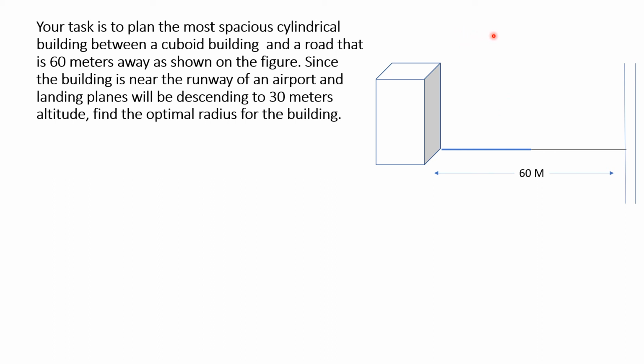That is the line for the landing plane. So the building cannot be 30 meters. It should be less than 30 meters to keep a buffer of safety. So we have to find the optimal radius for the building. To design such a building, first of all, we have to put a triangle. And the triangle is going to be something like this.